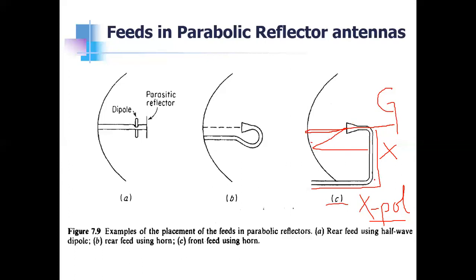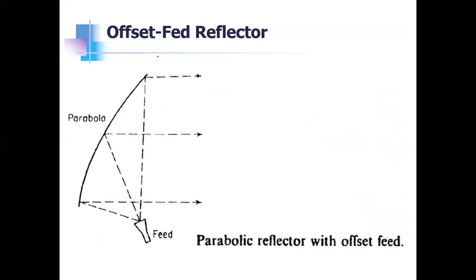It can be eliminated by something called an offset fed reflector. So you can see in this diagram, this is a parabolic reflector with an offset feed. What happens is the feed is placed at the focus. You can see that this is the focus of this parabola.